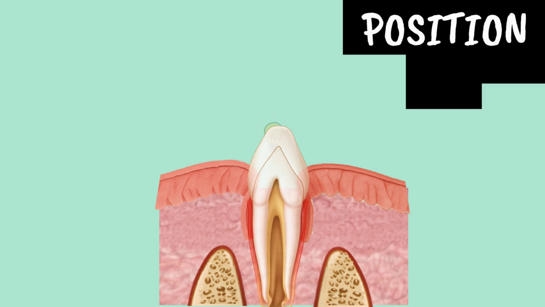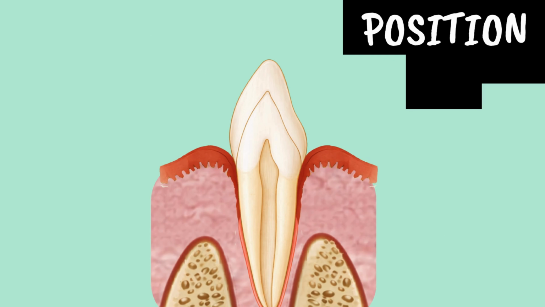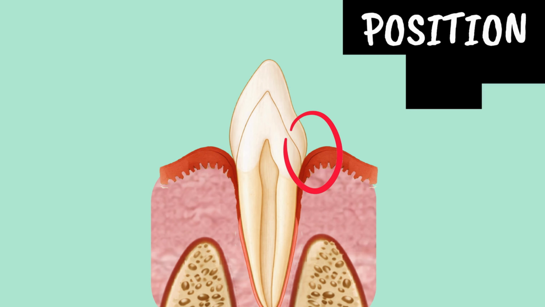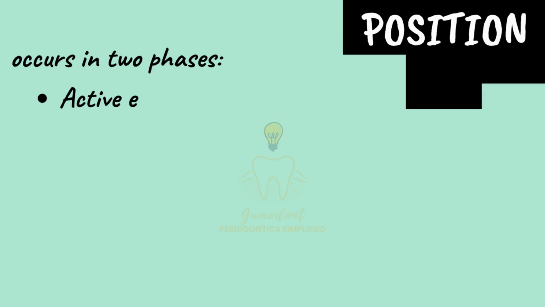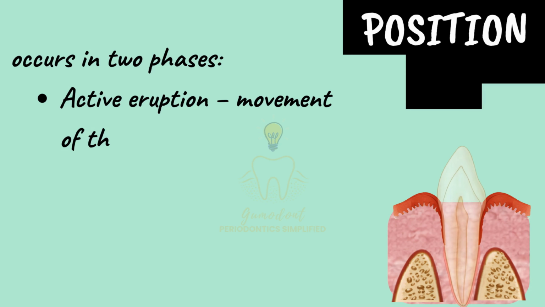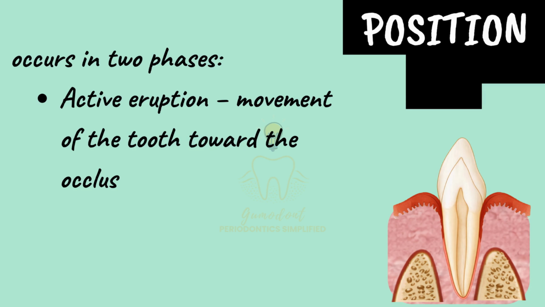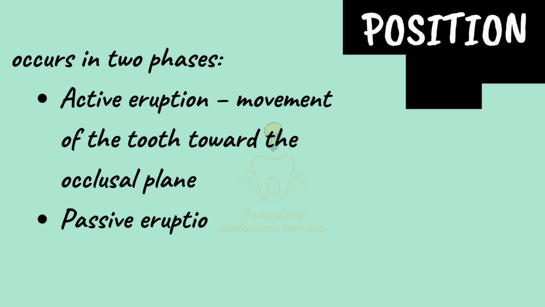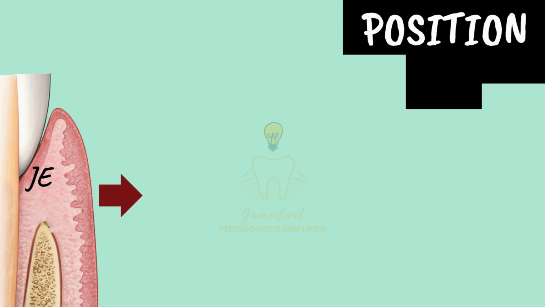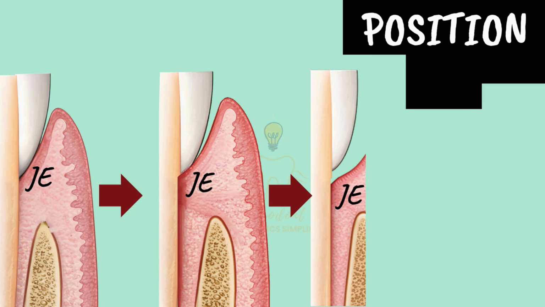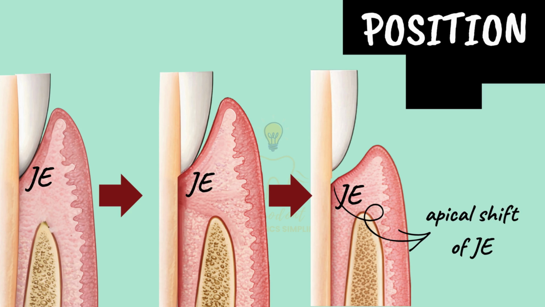As eruption progresses, the gingiva appears to shift apically, exposing more of the tooth. This occurs in two phases: active eruption, that is, movement of the tooth towards the occlusal plane, and passive eruption, which is apical migration of the gingiva. So, clinically, an increase in visible tooth structure is mainly due to passive eruption.